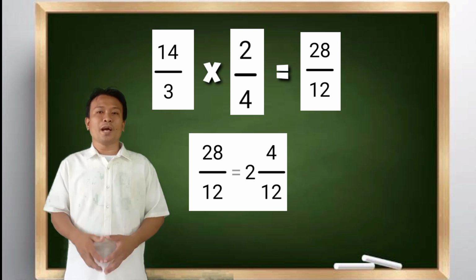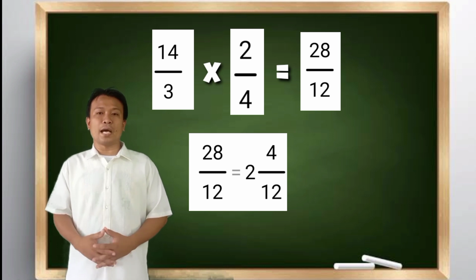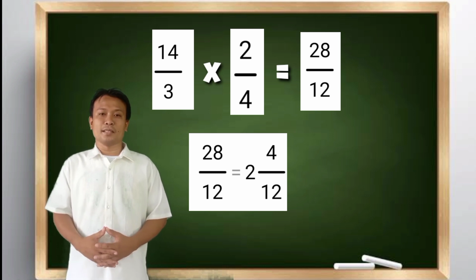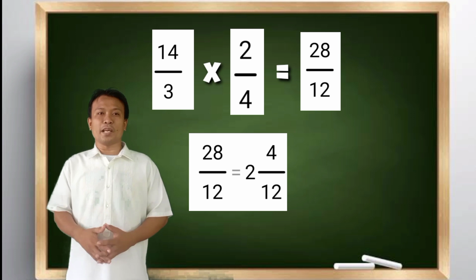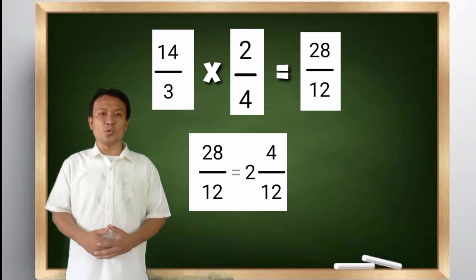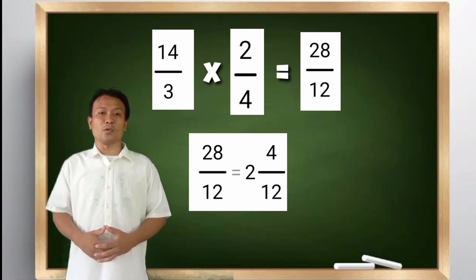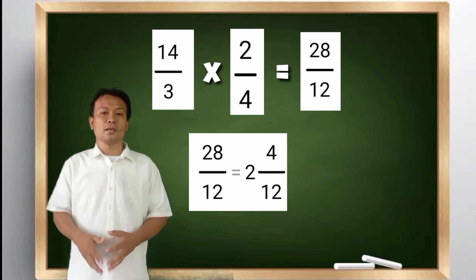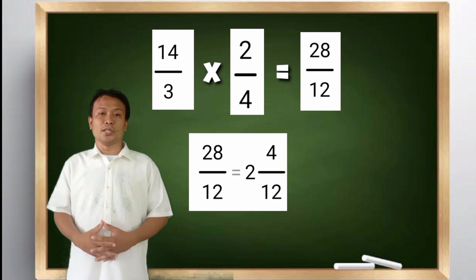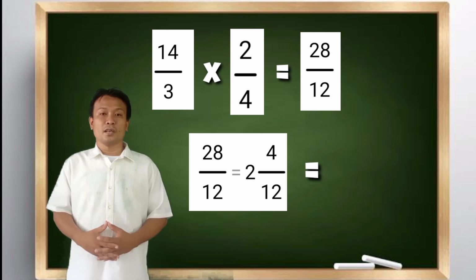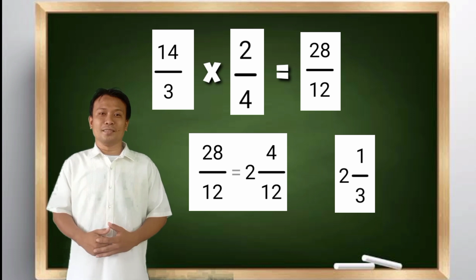So, 4 as the GCF is used to divide both sides. 4 divided by 4 is equal to 1. 12 divided by 4 is equal to 3. From the previous answer, 2 and 4/12, the final answer is 2 and 1/3.